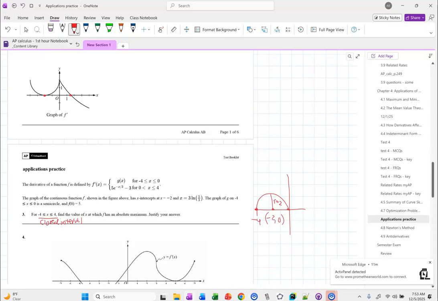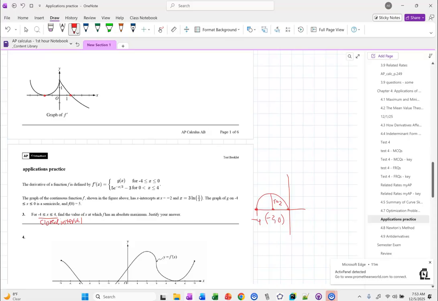So to do the closed interval method, I need 2 things. I need to check the endpoints of the function, and I need to look at the critical values. Everybody feel good on that? So the endpoints obviously are negative 4 and 4, so let's go to the critical values.